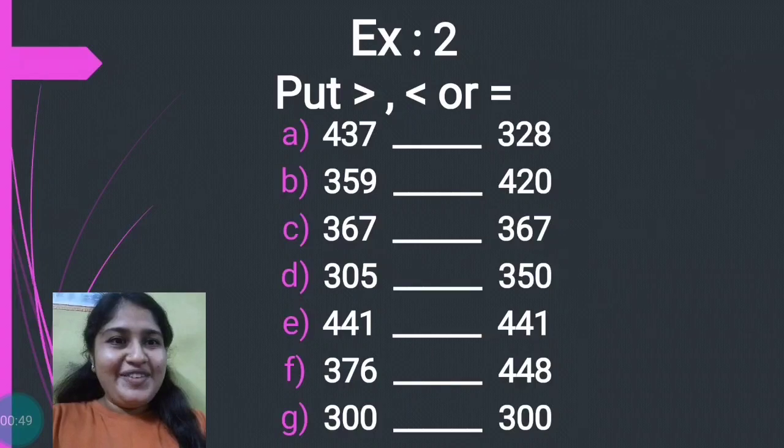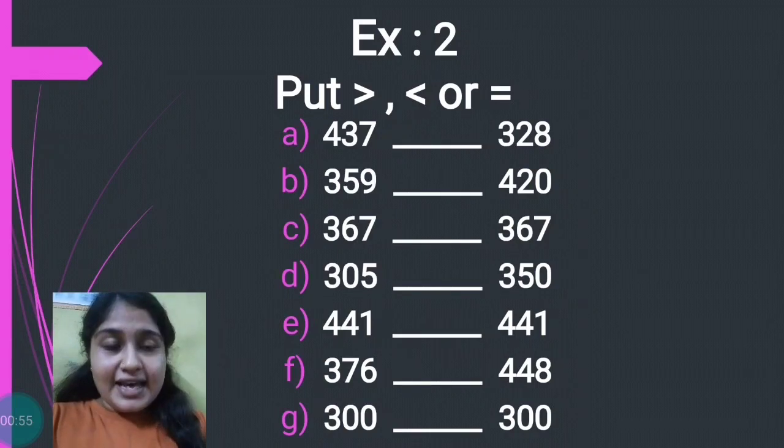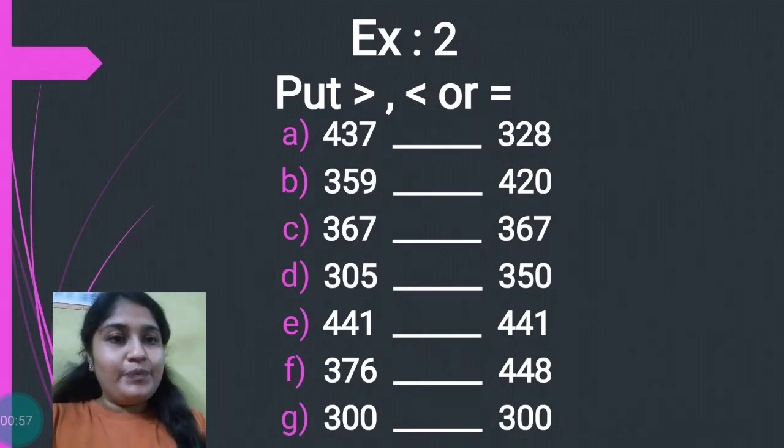C, 367 and 367. This one is new, na? 367 और 367 दोनों same हैं. So which sign will come students? Yes, equals to sign आएगी इसमें. D, 305 and 350. Okay, so 350 यहाँ पे 305 से बड़ा है.